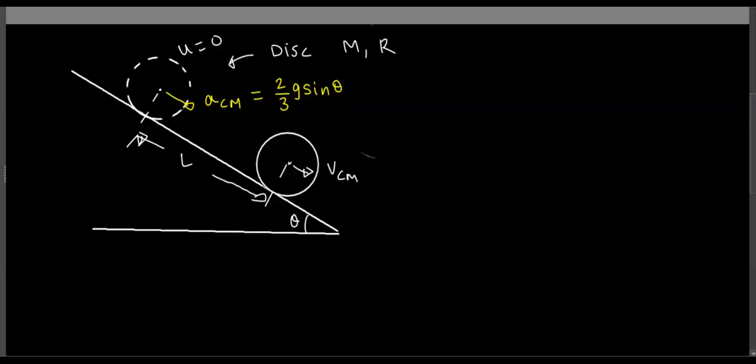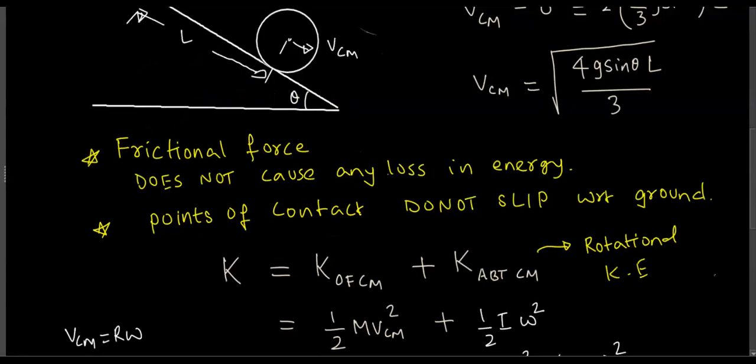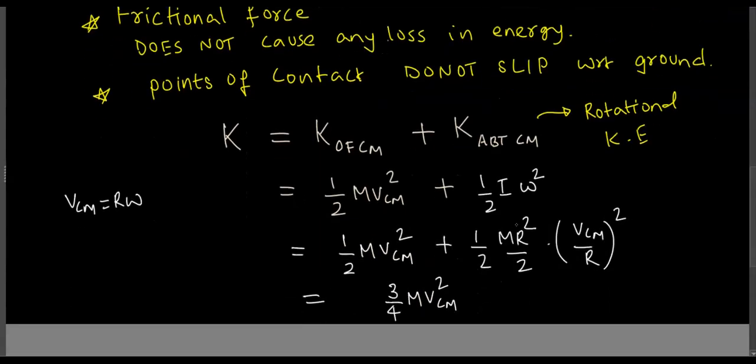For different objects, you can write the expression and make a list, and that's not a bad idea to memorize. But I would say you memorize this: half m v_cm square plus half I omega square. So this you can anyway quickly get. You understand what I'm saying? You don't have to memorize everything.